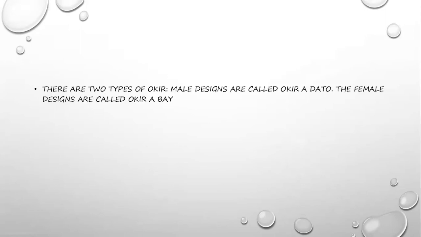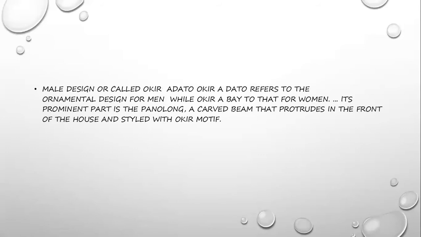There are two types of okir. The male design is called okir a dato, and the female design is called okir a bay. We discuss here all about the male design, or okir a dato. Okir a dato refers to the ornamental design for men, while okir a bay is for women.